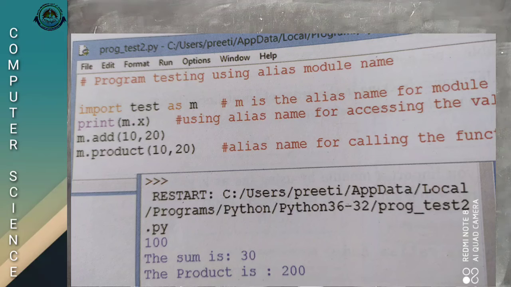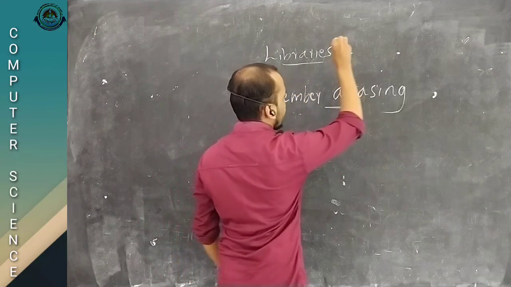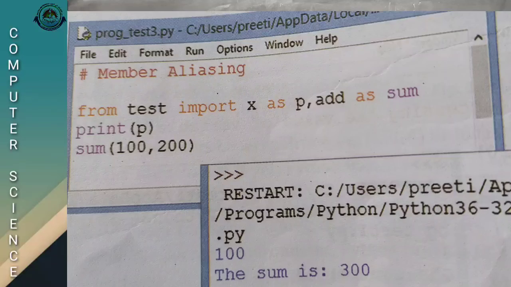Okay, now we can move to member aliasing. This member aliasing also we can explain with an example. Please look into this program.